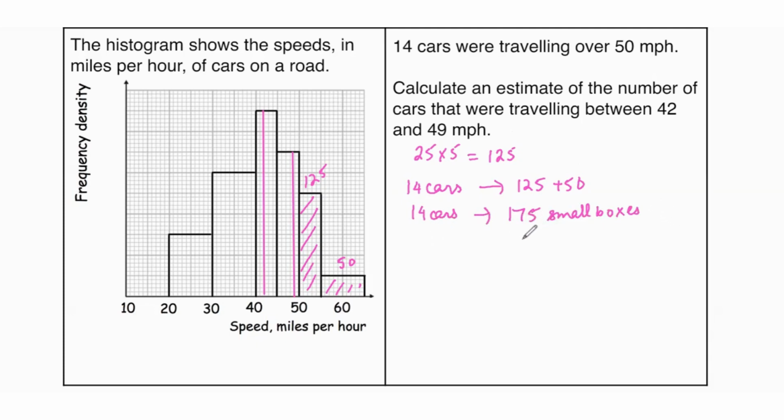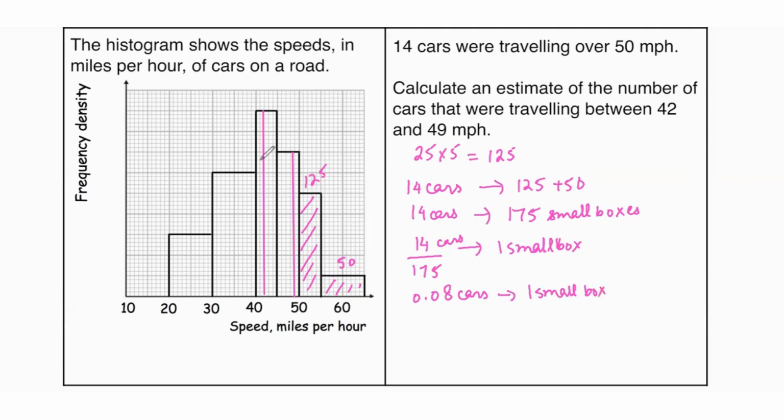To find how many cars are represented by one small box, I will divide 14 by 175. Find the value of one small box. And this is the cars. So 14 divided by 175 is equal to 0.08 cars. So 0.08 cars equal one small box.